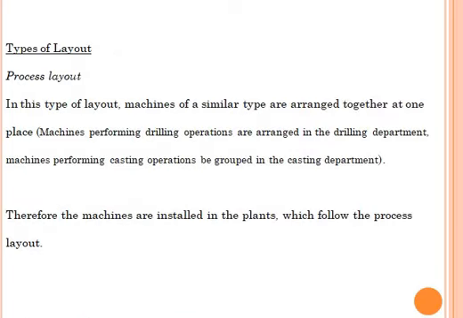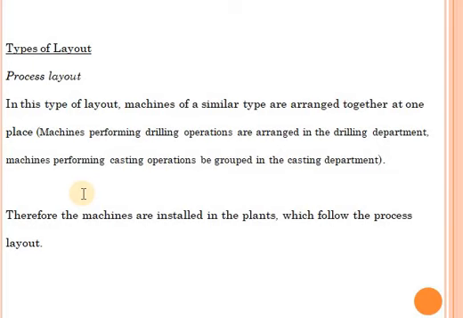The last type of layout is the process layout. In this type of layout, as we said, we do not follow the sequence of manufacturing a single product. However, we arrange the layout so that I can facilitate the manufacturing of several types of similar products.